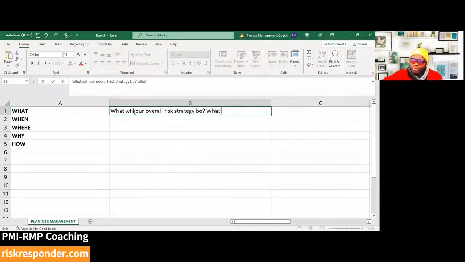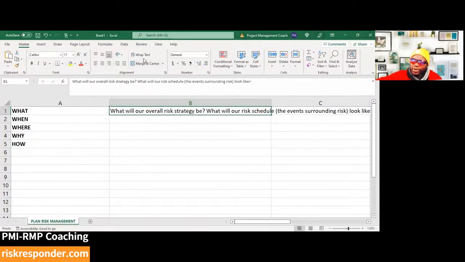What will our risk schedule, in other words, the events surrounding risk, look like?